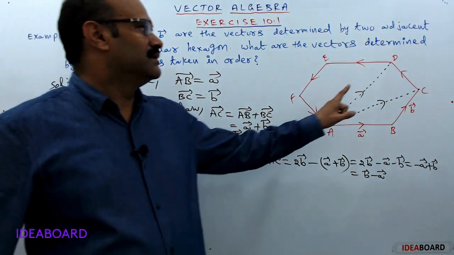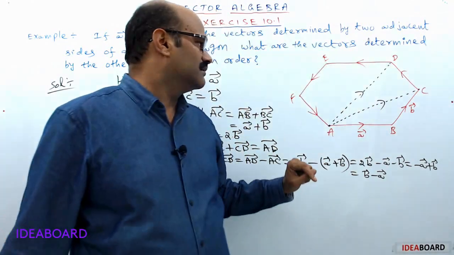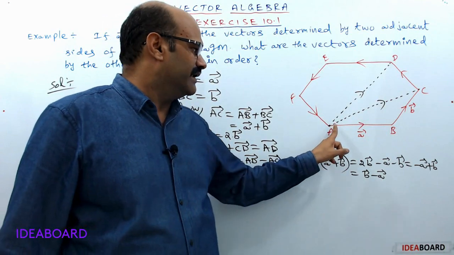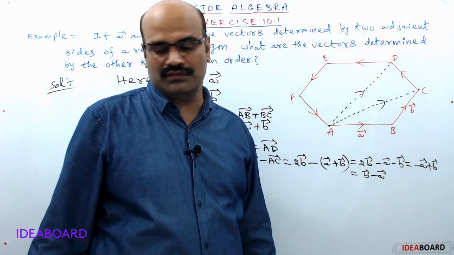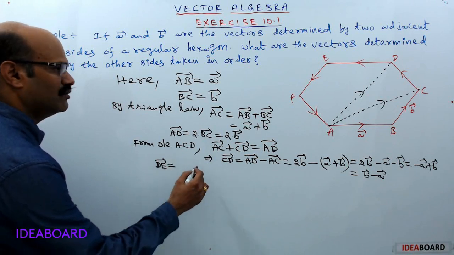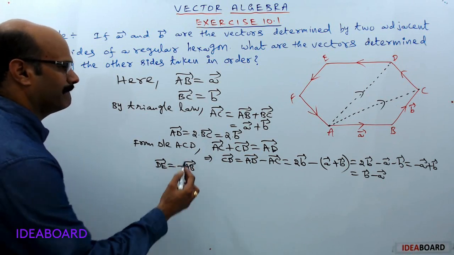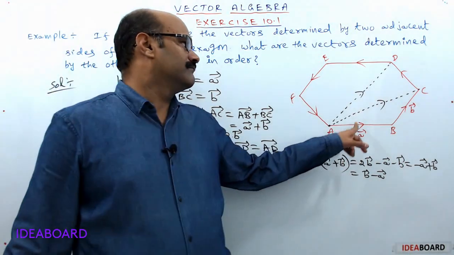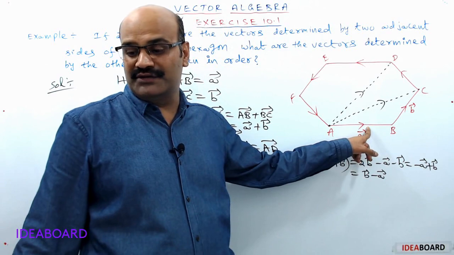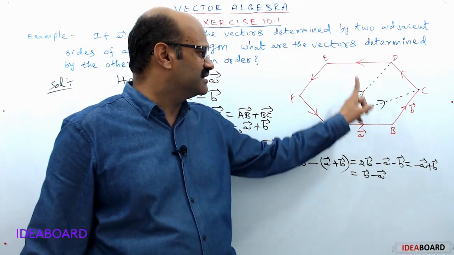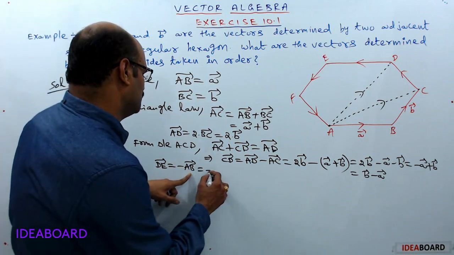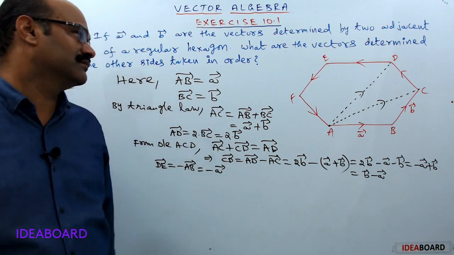Next one, DE vector. DE vector is always equal to the negative of AB vector. These two have the same magnitude, only the direction is opposite. So DE vector equals minus AB vector, which is minus A vector.